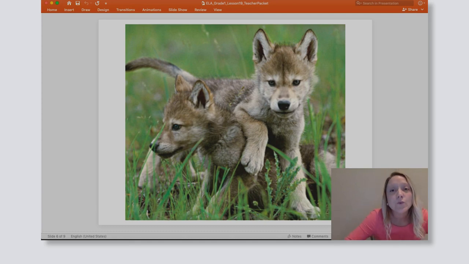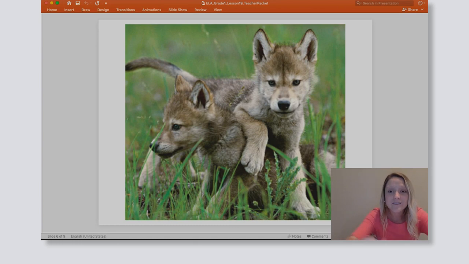Now, did you hear any words that the author used to tell about how the wolf pup plays, boys and girls? Oh, can you show me what it looked like? Yeah. How did they do it, boys and girls? That's right. They stretched out their legs, right?